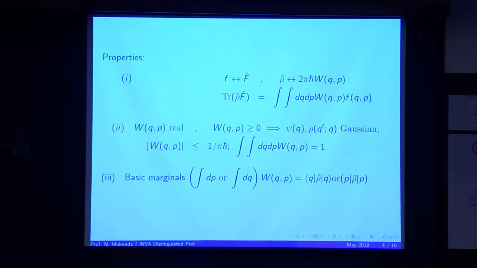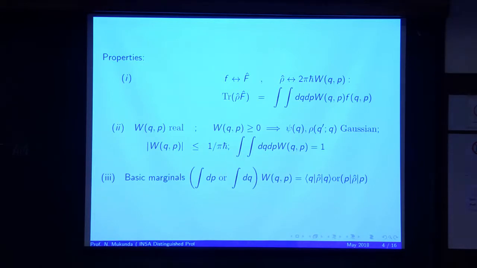The trace of the product of the state rho and the observable f is a classical looking phase space average. I would like to mention in passing that a very useful role is played in this machinery by the parity operator. If there are any questions later, I will indicate how that happens.